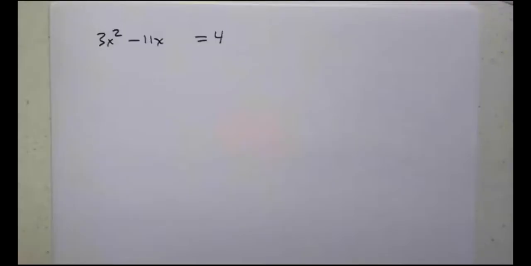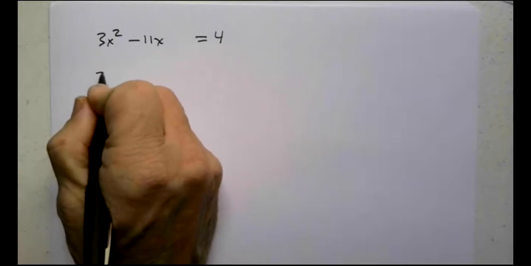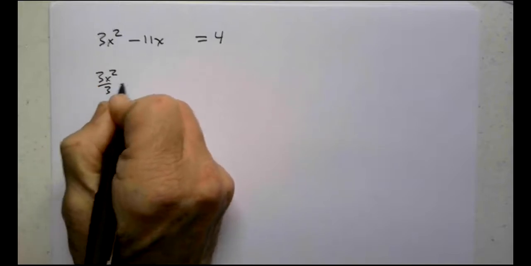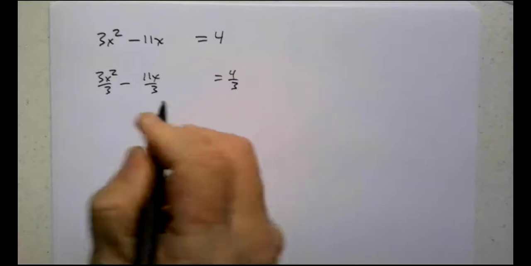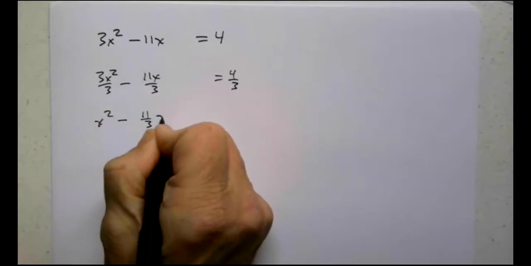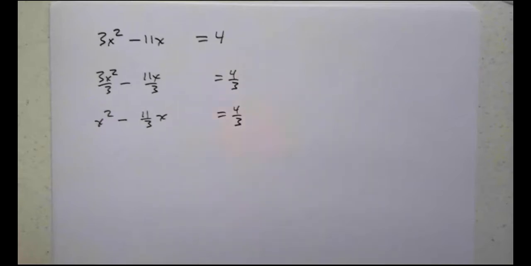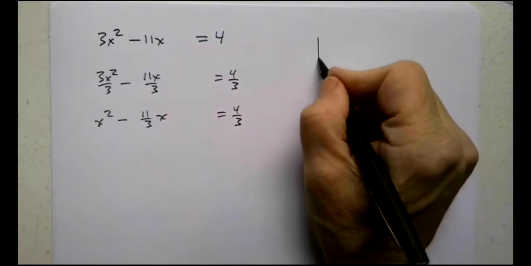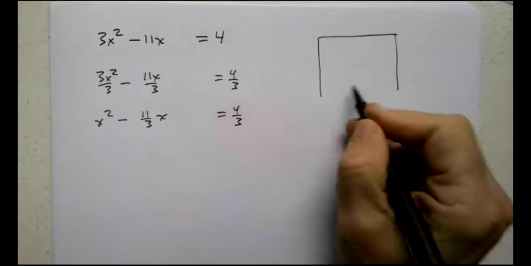If I'm going to do this with completing the square, I need to have a leading term of 1, so divide by 3. 3x squared over 3 minus 11x over 3 equals 4 over 3. I get x squared minus 11/3 of x equals 4/3. Now we need to complete the square. I like to draw a square to see it.